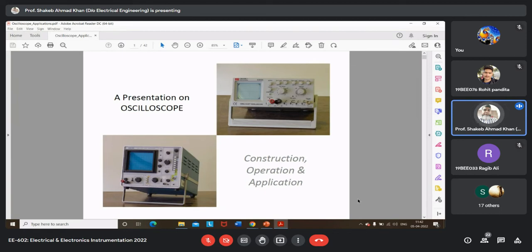But as far as time varying signals are concerned, one more important thing I would like to tell you: for a stable live running display, you can display in two ways. In analog oscilloscopes there is only one way, the live or running mode display.